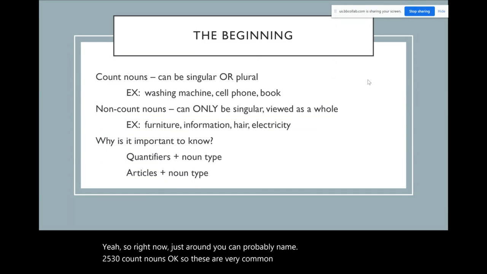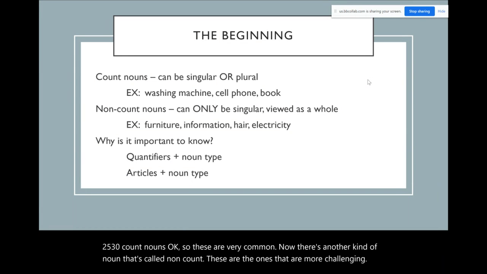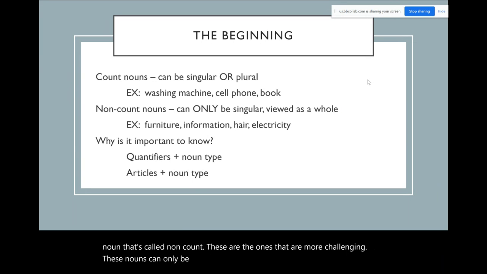Now, there's another kind of noun called non-count. These are the ones that are more challenging. These nouns can only be in singular form because they are viewed or categorized as a whole. For example, furniture is a non-count noun. Everybody say furniture. Good.